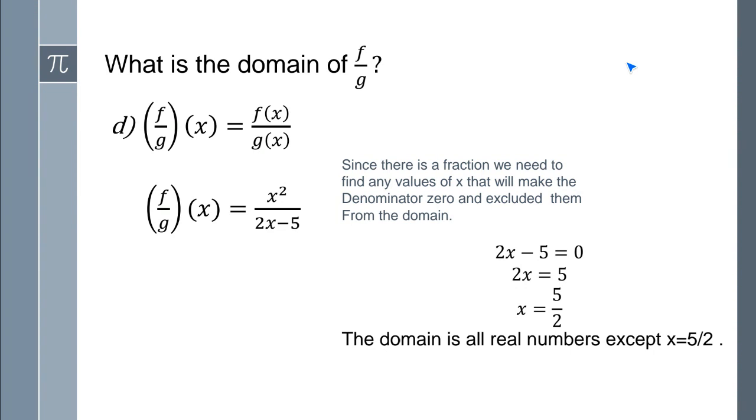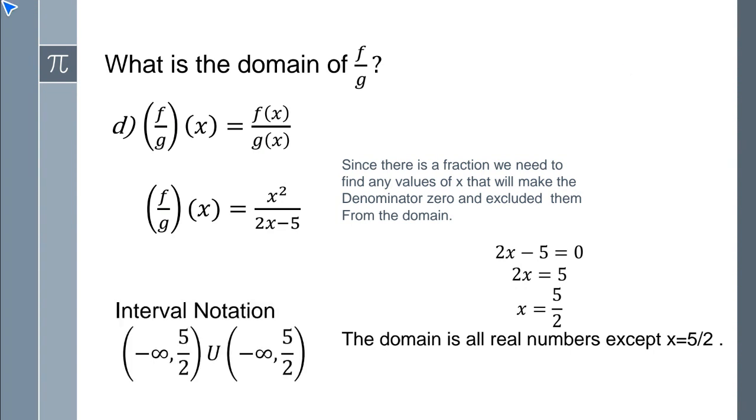So again, the domain is all real numbers except this value, 5 halves. So in interval notation it is from negative infinity to 5 halves, union from 5 halves to infinity. I apologize, these were backwards, okay? It's first the negative infinity and then the 5 halves. Any questions?